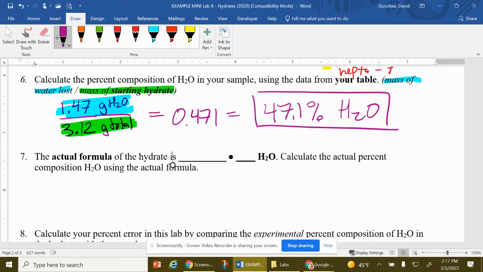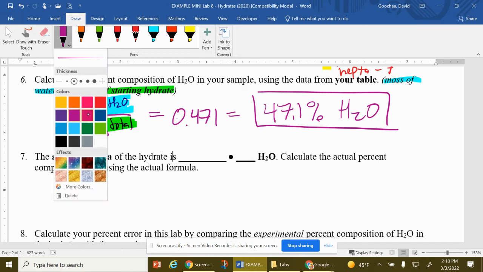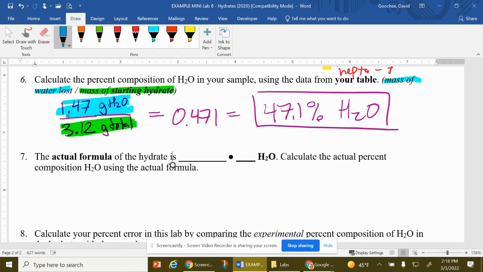All right? If you had the CuSO4 as your substance, then the actual formula is CuSO4 5 H2O. Copper 2 sulfate pentahydrate is the actual compound.